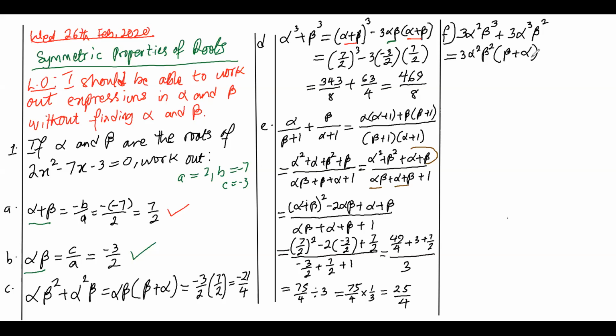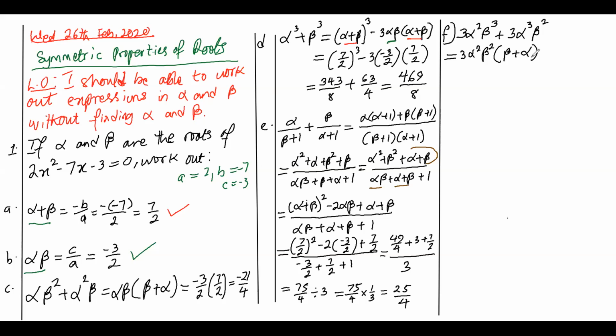State the third rule for alpha squared plus beta squared. Use the third one, the third rule.